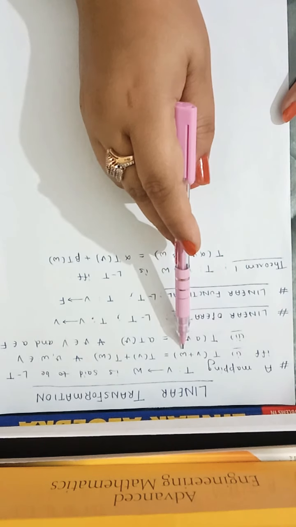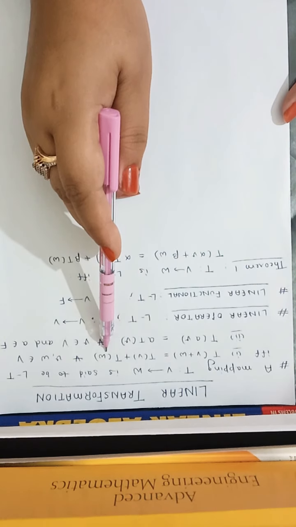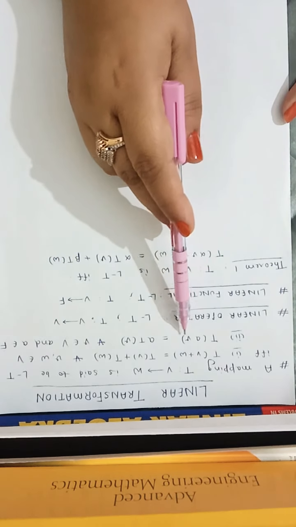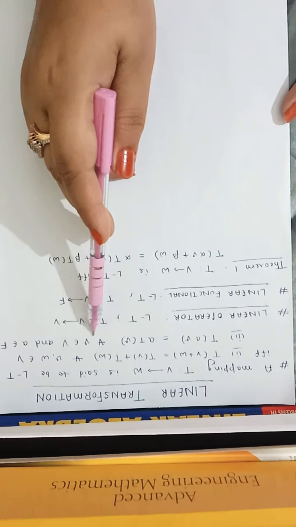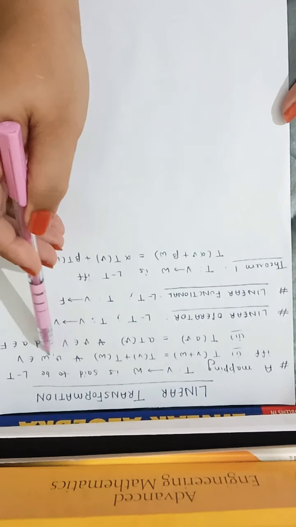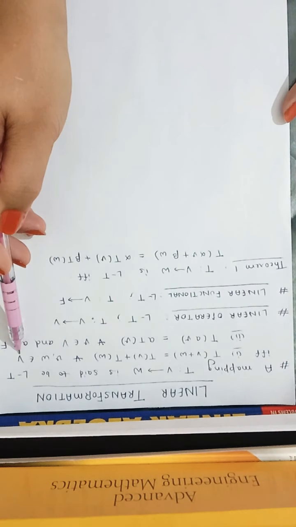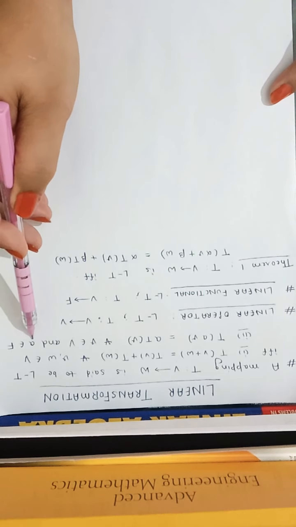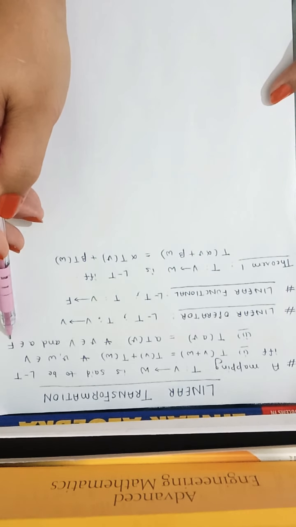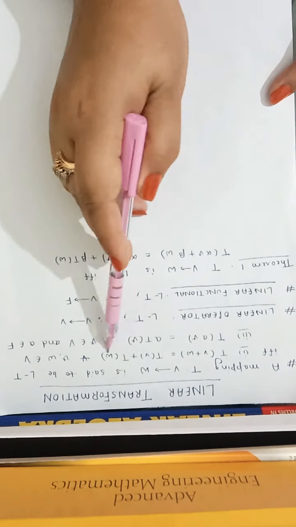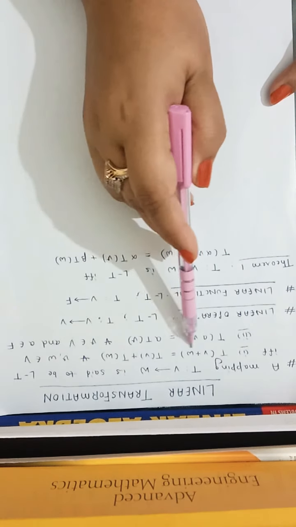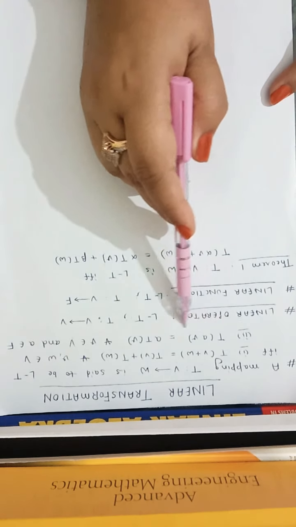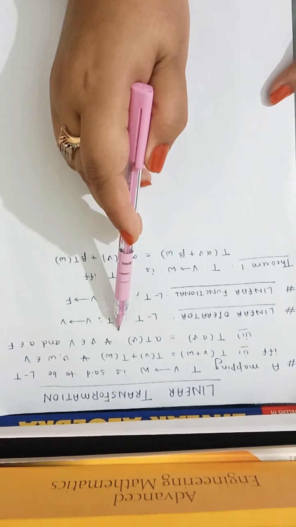That is, T of V plus W gives you TV plus TW for all V, W belonging to V. Second, T of AV is equal to A TV for all V belonging to V, where V and W are elements of vector space V and A is a scalar, a constant belonging to the field F. The first property is known as the additive property of linear transformation and the second property is known as the homogeneous property of linear transformation.